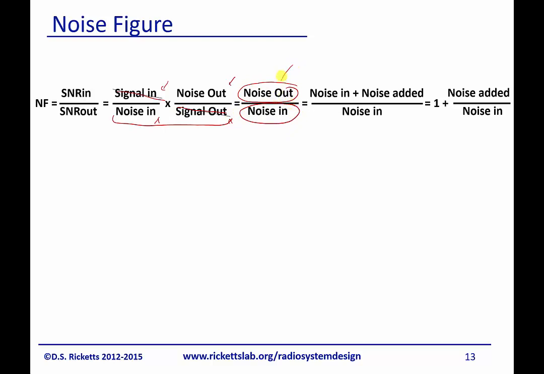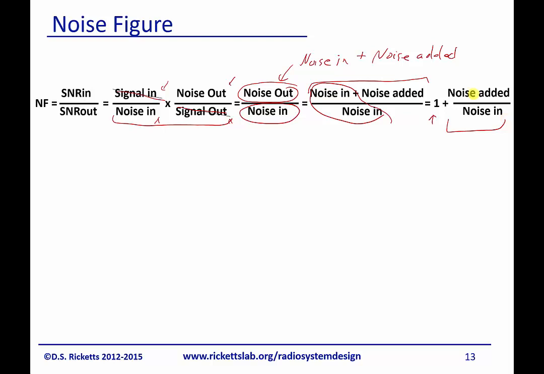And remember, noise out is equal to the noise in plus the noise added. And so that's what we get right here. These two just give us 1. And so the noise figure is 1 plus the noise added divided by the noise in.